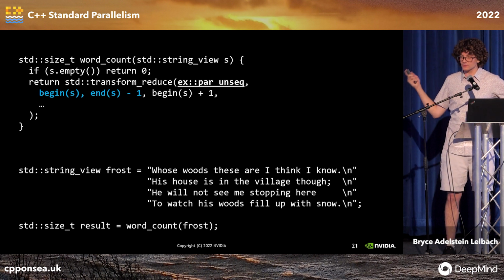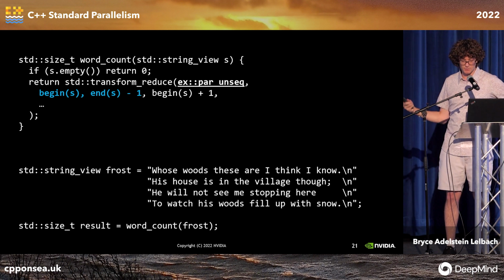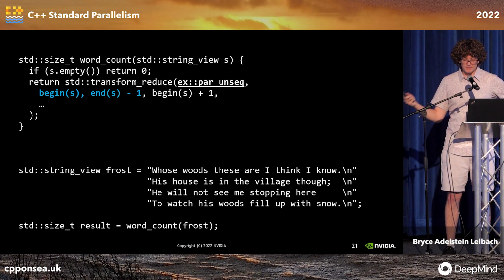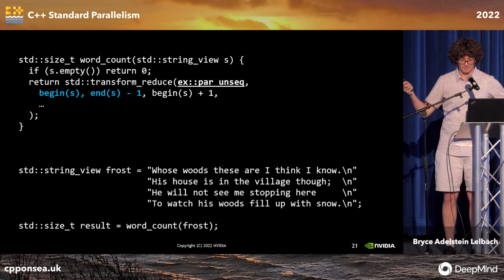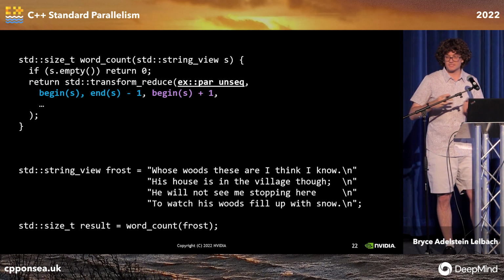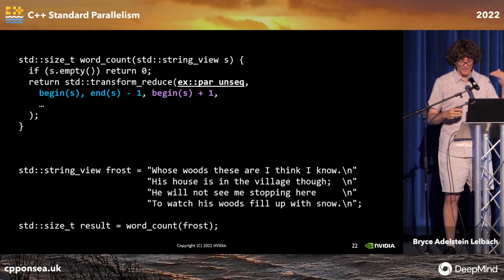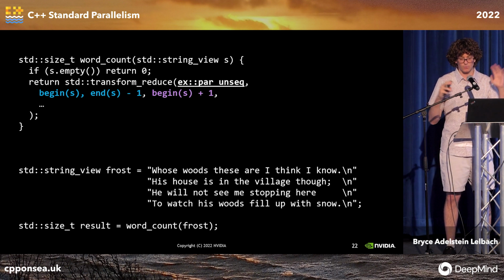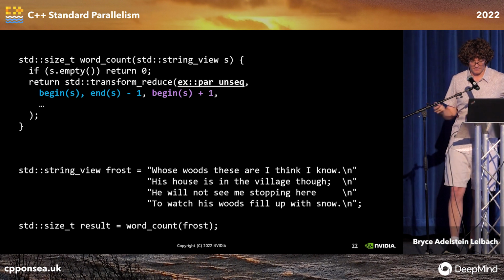So we're going to use the overload of transform_reduce that takes 2 input sequences and a binary transform function. So the first input sequence is going to be the entire string except the last element. And the second input sequence will be the entire string except the first element. And so this is sort of like a stenciled operation here. So our binary transform function will be passed a window of every 2 adjacent characters in the string.